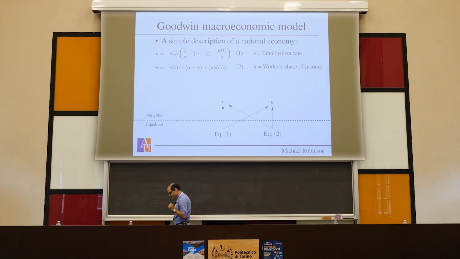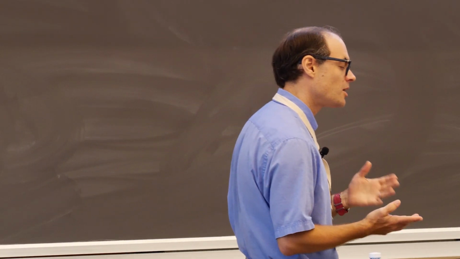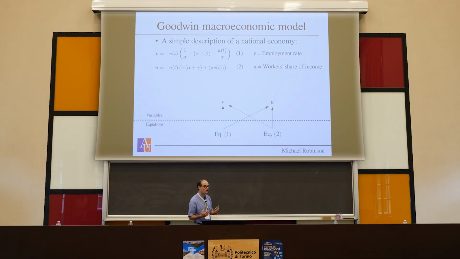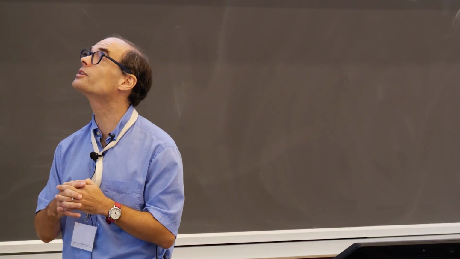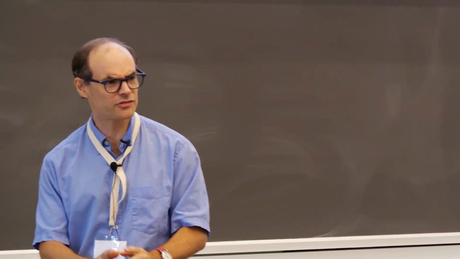So I had a student a few years ago who was interested in macroeconomics. And one of the things that macroeconomists study is how the labor market works. And so they write down this system. It's called the Goodwin macroeconomic model. If you've taught ordinary differential equations before, as I have, you look at this equation, you say, that looks kind of familiar.